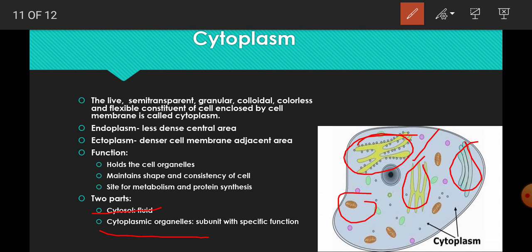You can define cytoplasmic organelles as subunits with specific functions. They are called organelles because they are like parts of the cell, like the parts of our body which we call organs, and as they are very small, we call these parts organelles.